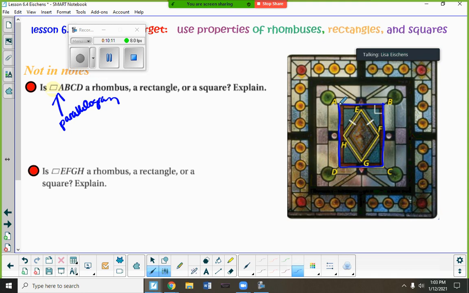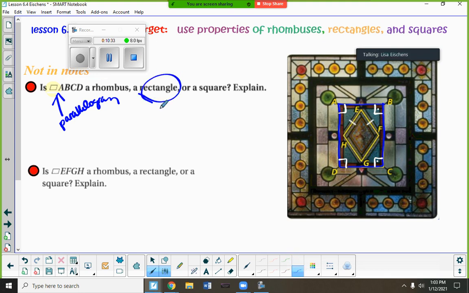It would be a rectangle. Now we can talk about why you would know that, because they're only given one angle. Well, because it's a parallelogram, consecutive angles are supplementary. So this one plus this one equals 180. So this has to be 90. Opposite angles are congruent. So it's a rectangle.